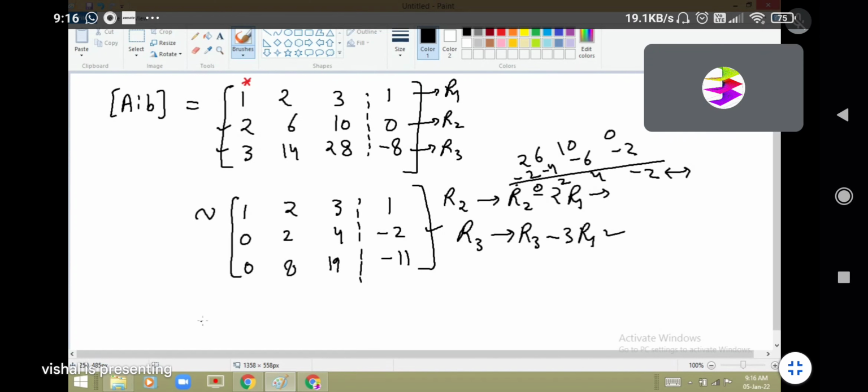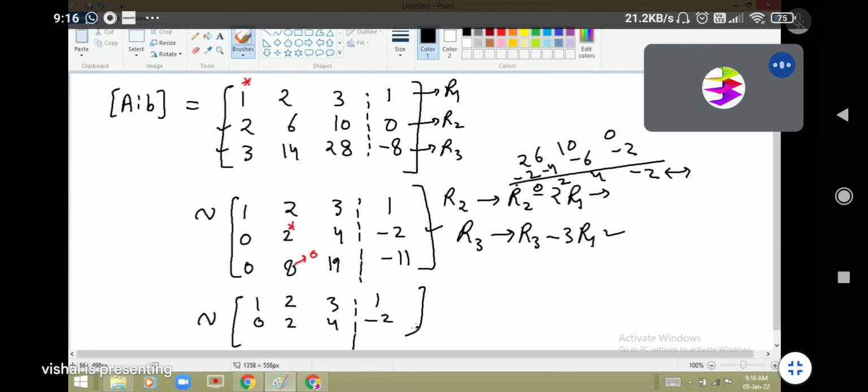Then what is the next procedure? Now we will take this as a pivot and make this position 0. So by this, we have 1, 2, 3, 1, then 0, 2, 4, minus 2.